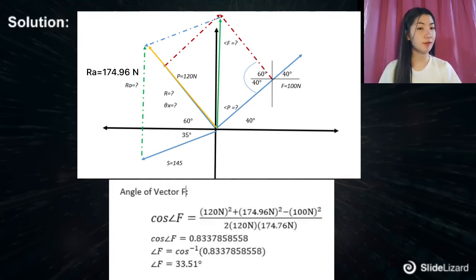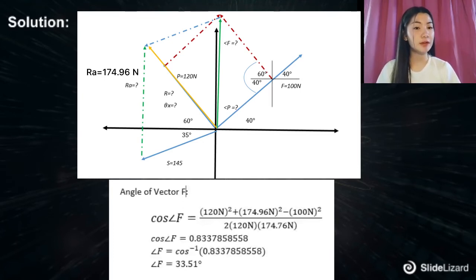To get the value of angle of vector F, I also use the formula of angles, which is cosine A equals B squared plus C squared minus A squared divided by 2 times B times C. Then substitute: cosine angle F equals 120 Newton squared plus 174.96 Newton squared minus 100 Newton squared divided by 2 times 120 Newton times 174.76 Newton.